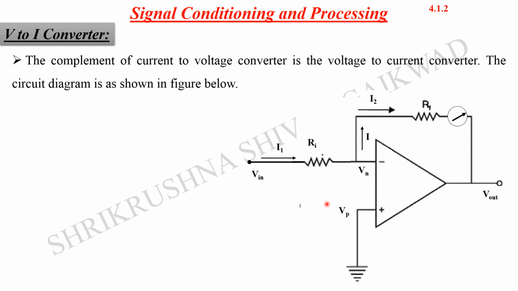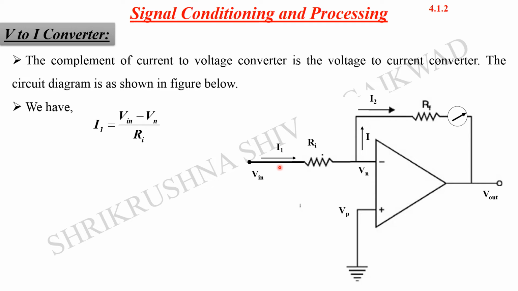In the circuit diagram you can see over here, the input voltage is applied to the inverting terminal of the operational amplifier, and then through the feedback we can measure the output voltage. So what we have here is nothing but the I1 amount of current.